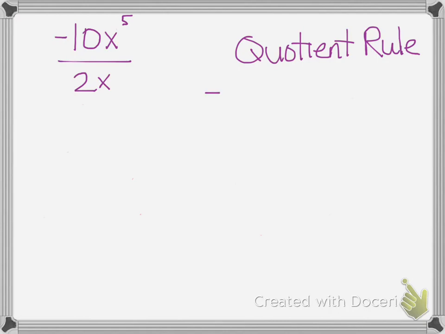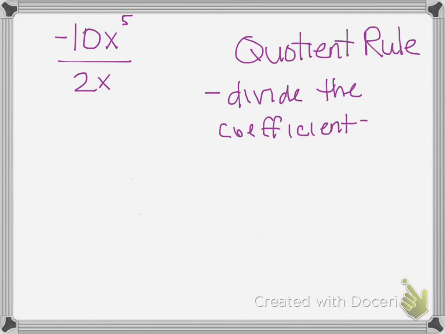First, divide the coefficients and then subtract the exponents, while keeping the base.